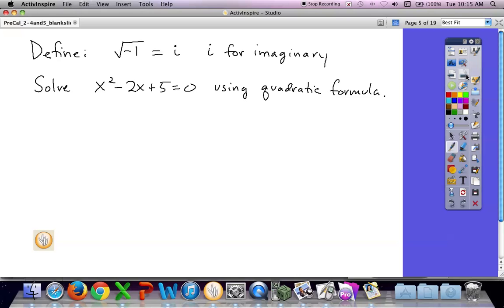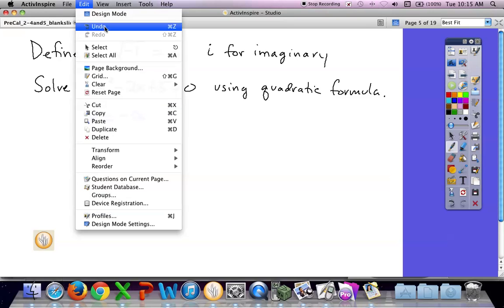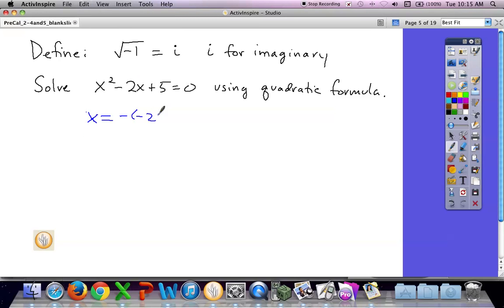If you solve this same equation with the quadratic formula, this is what it looks like. x equals negative -2 plus or minus the square root of -2 squared minus 4 times 1 times 5, divided by 2 times 1.